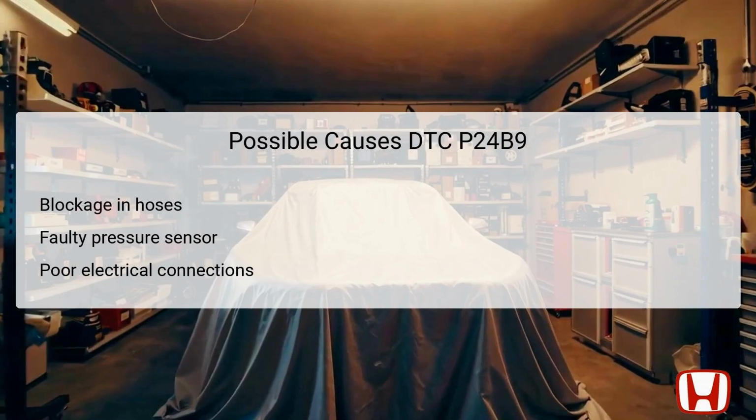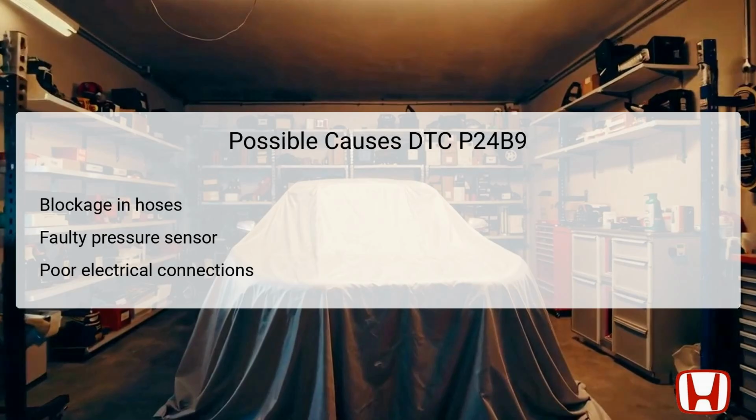Several factors can cause the DTC P24B9 to trigger. A common issue is a blockage in the EVAP leak check module's drain hose, which can prevent proper pressure readings. If there is a physical obstruction in this hose or the EVAP canister filter, it compromises the system's ability to function correctly. Another potential cause could be a faulty pressure sensor itself.